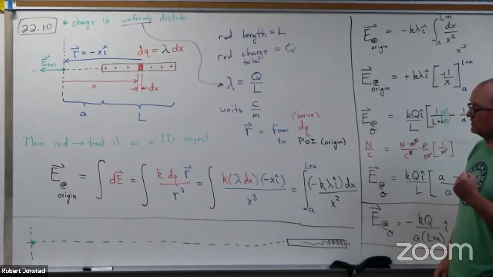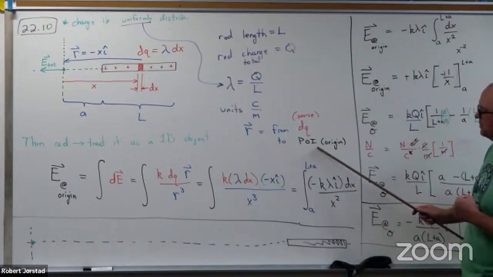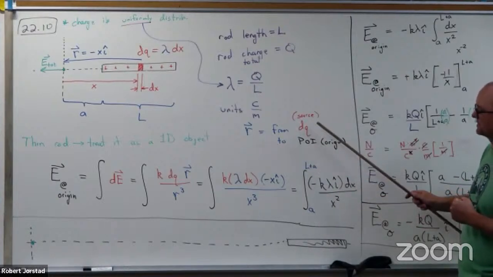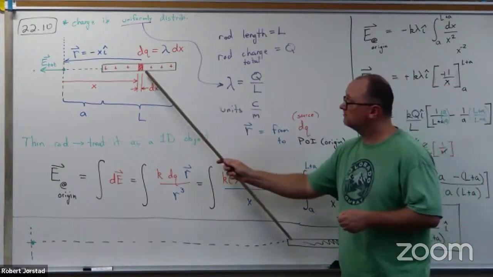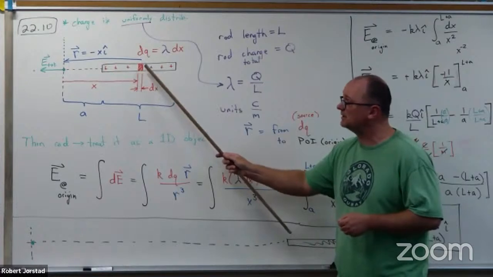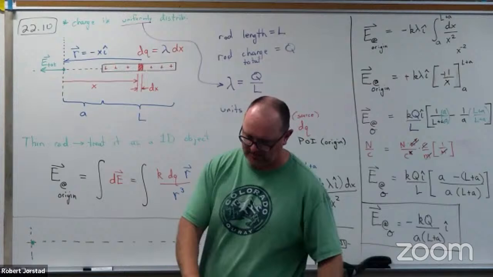And the most common mistake students make is screwing up the R vector. They accidentally go from the point of interest to the source instead of from the source to the point of interest. You always need to go from the source, or from your dQ, to the point of interest, wherever it is in space. All right, that really beats it to death.